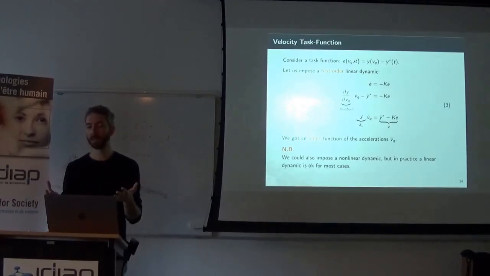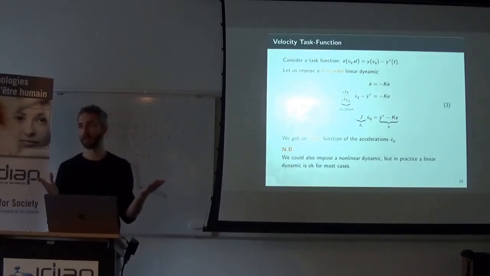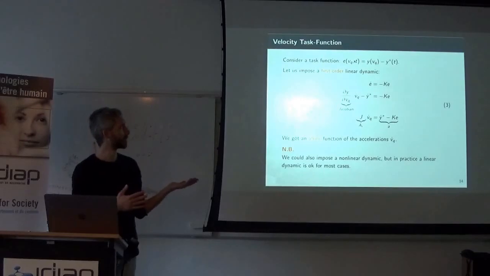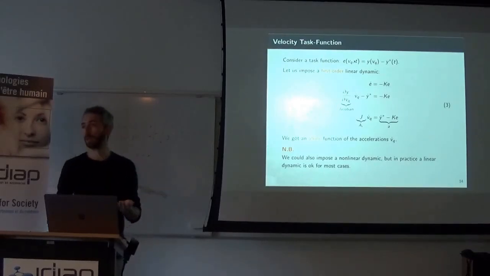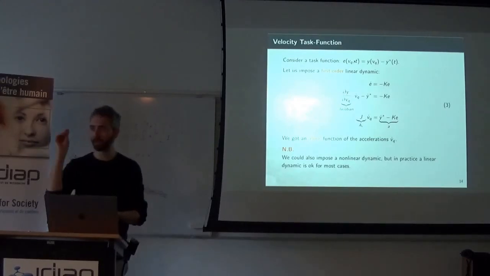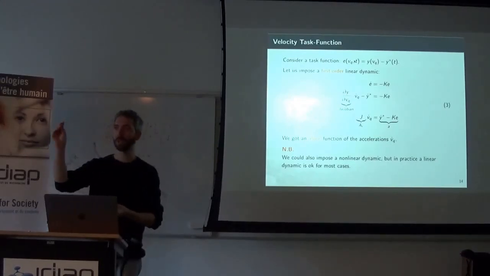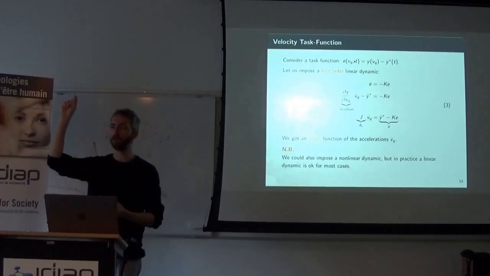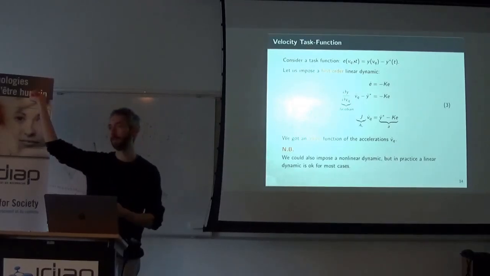It can be anything that you would like to control. It's a general function of the robot state or control inputs that the user can define and say, okay, this is a function that I would like to control, and I would like this function to follow as closely as possible this time-varying reference.